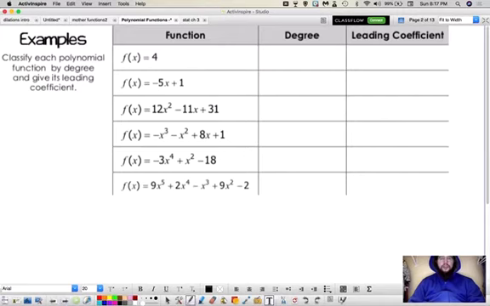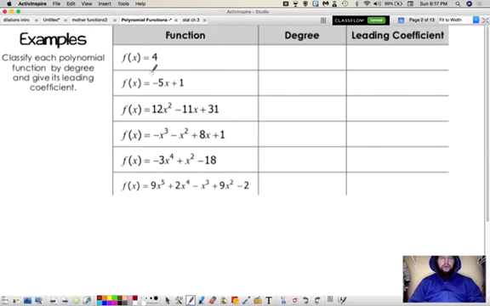Let's look at some examples. We're dealing with x for our variable here. So x is to what power here? There's no x. Anything to the 0 power is 1, so this is a 0 degree. If you're in standard form, that is in descending order, the first coefficient is your leading coefficient.